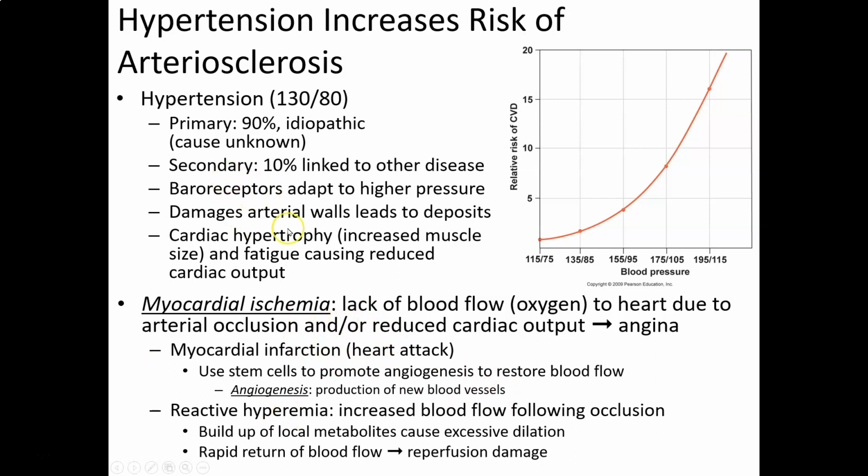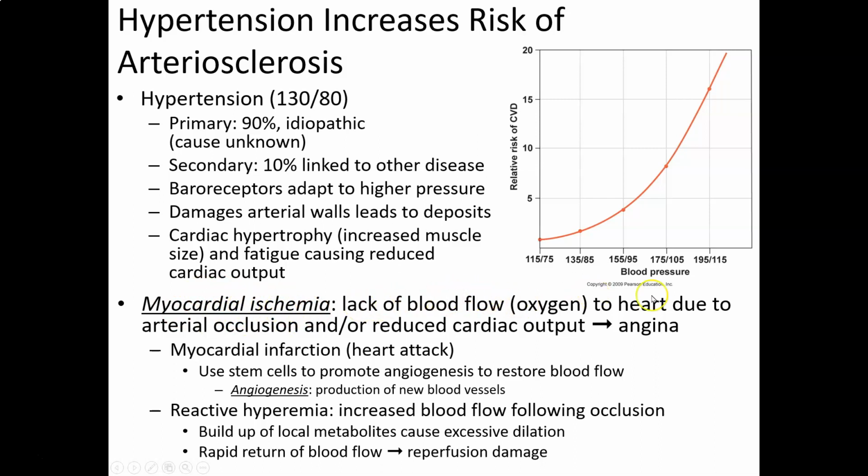One of the things that can happen if you have cardiovascular disease is what they call myocardial ischemia. Even though it looks like it says ischemia, right? It's a hard K, it's pronounced ischemia. So myo is muscle, cardio is heart, right? So that's heart muscle. And ischemia means lack of oxygen. So this means that somebody's not getting enough blood flow.